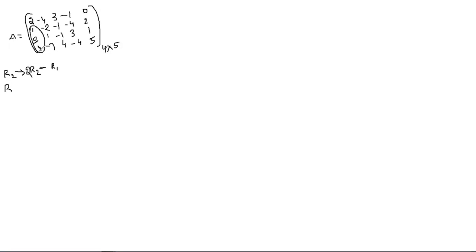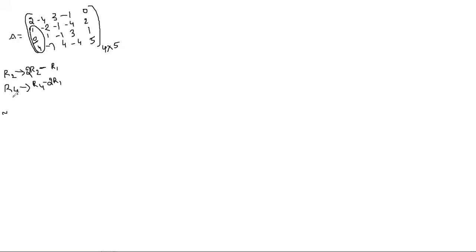Now coming to R4, R4 has 4, and here it is having 2. So we need to multiply R1 with 2. So for that, simply we can write R4 minus 2R1. If you want, you can also write it by interchanging.